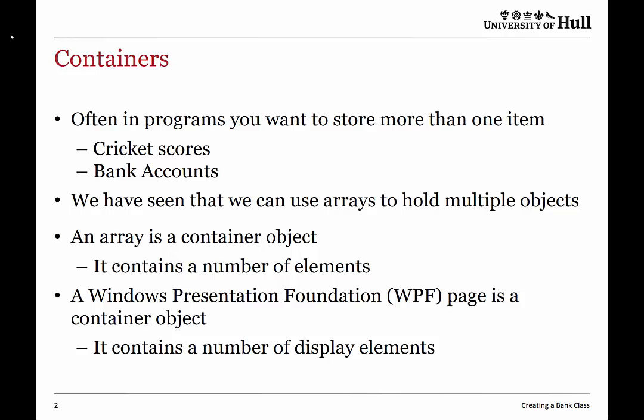So, yeah, let's talk about containers. Cricket scores, bank accounts. We used arrays. We're quite enamoured with lists, and we're learning to love dictionaries with a passion, because dictionaries are completely and utterly awesome. They're really nice, and lots of languages have them, including Python and whatnot as well.